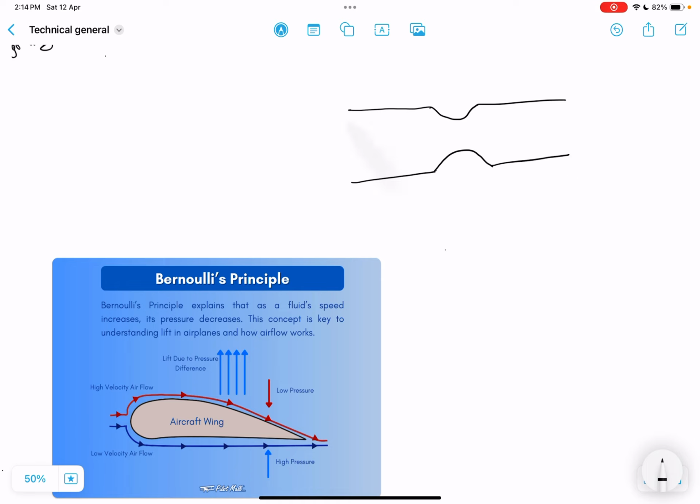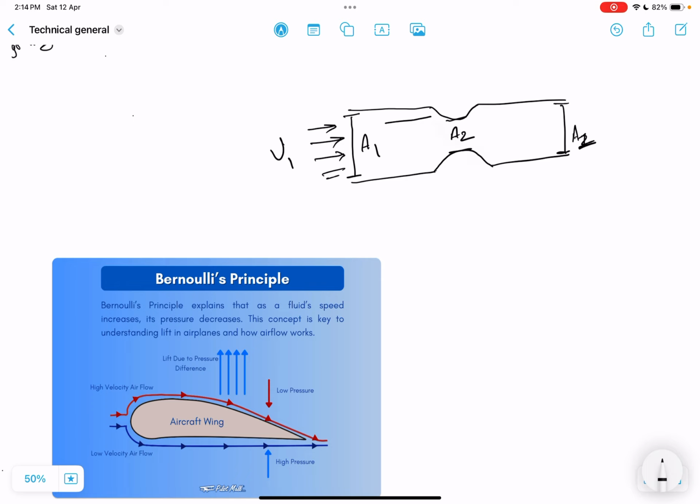Considering this as A1, this is also area 1. Now this section we call area 2. This is the wind coming on, air molecules. We call it velocity of the air, V1.